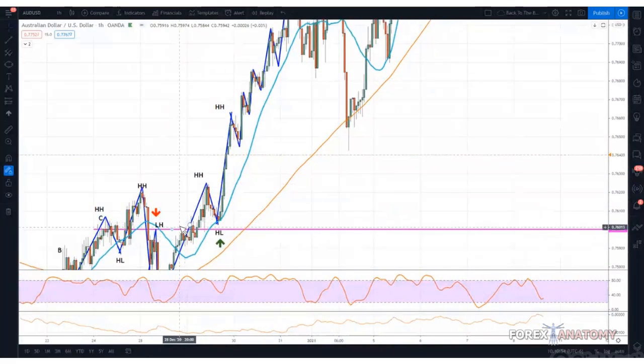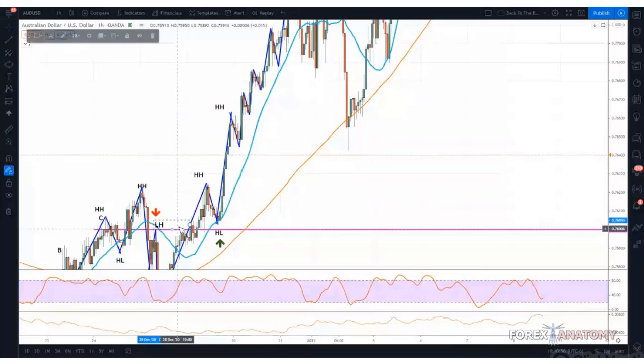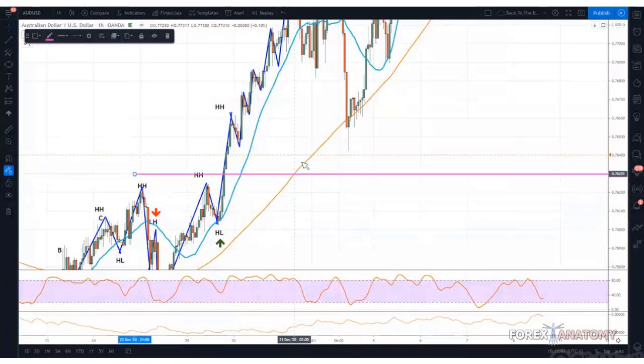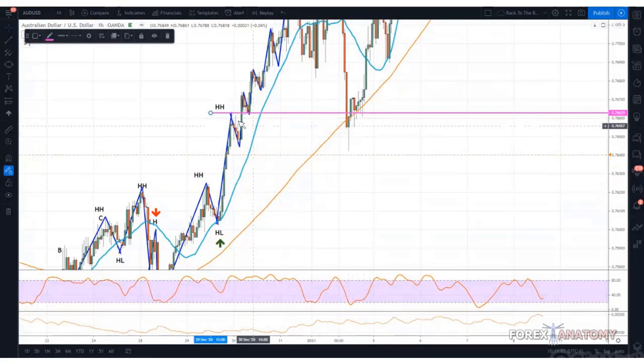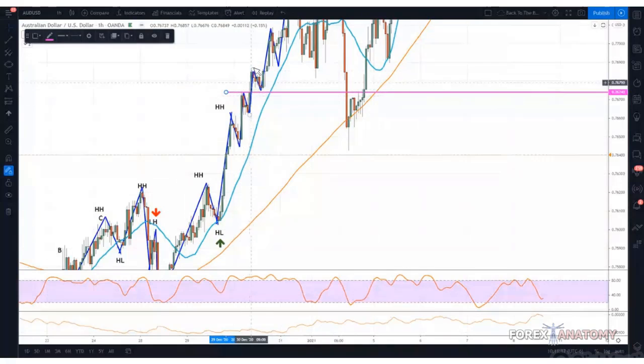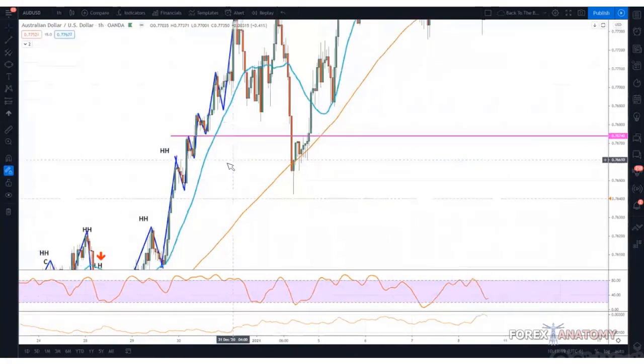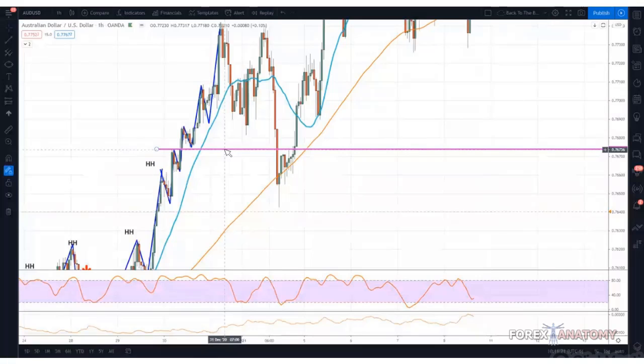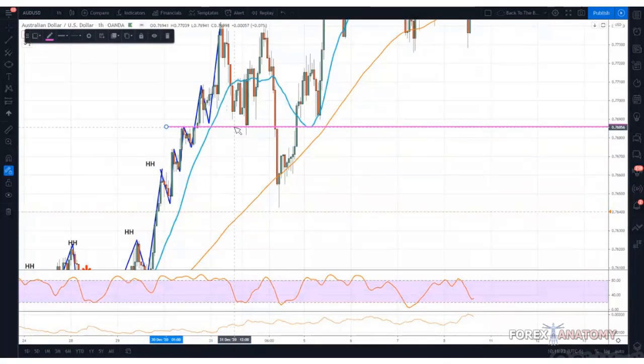We can see that every time we drew in a higher high, the previous high was violated. Now we put this line at this high. We know the higher high is this move up here because this previous high right here was violated and we saw price break and close above it. So it's pretty simple to define the higher highs and higher lows.